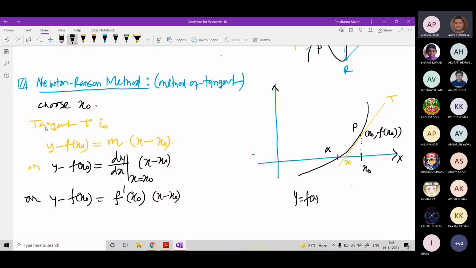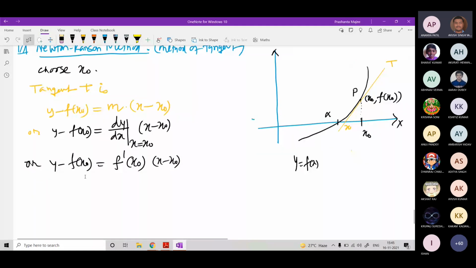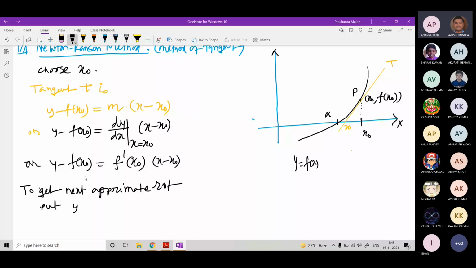Now how to get the next approximate root? To get the next approximate root, what shall we do? Put y equals 0, x equals x1.